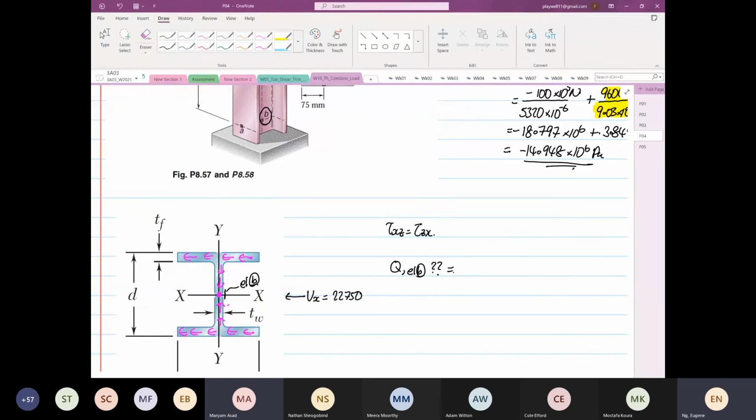Yeah, can you see why it is equal to 0? What is the reason for it? It's at the terminal. No. What is a better explanation? It's not just at the terminal. Remember what we said. Nathan, why do you say it's 0? Miriam, you first. Is it the axis of the shear force?